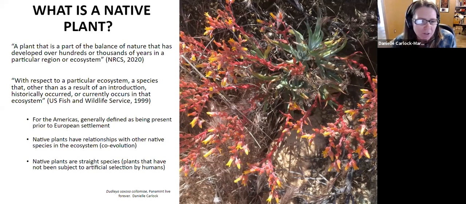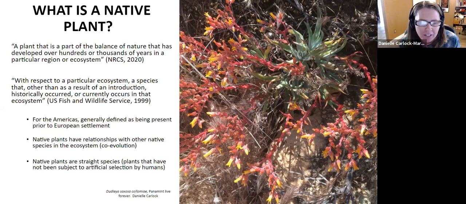The other thing that's sometimes confusing is the region. It could be big or small. You could talk about native plants of North America, native plants of a certain state, of a certain county. So there are all those pieces and parts that go into it.